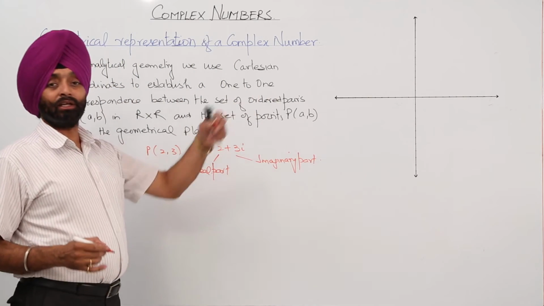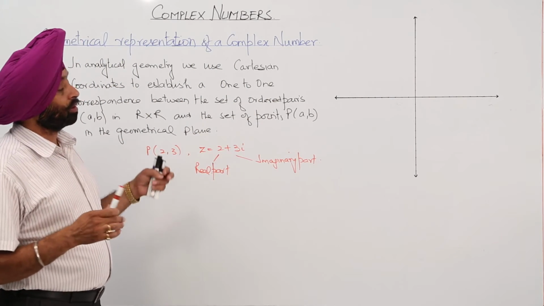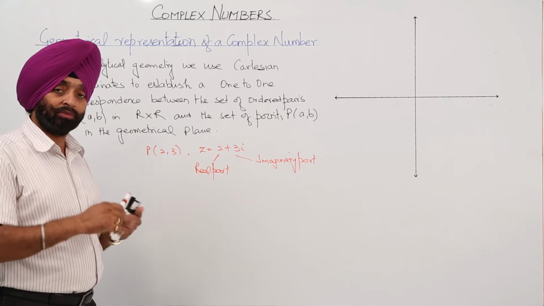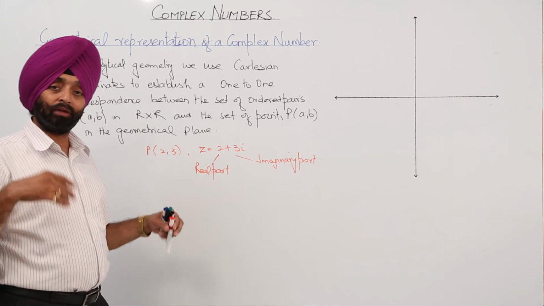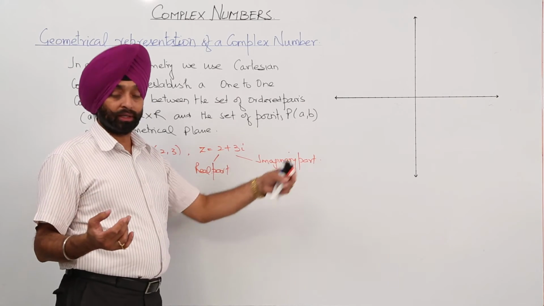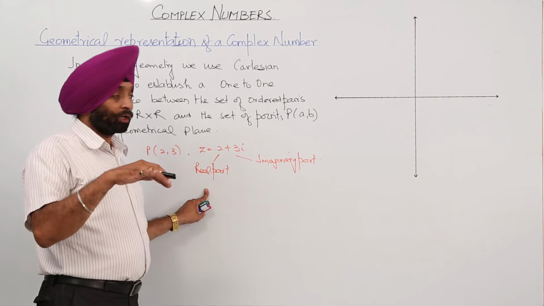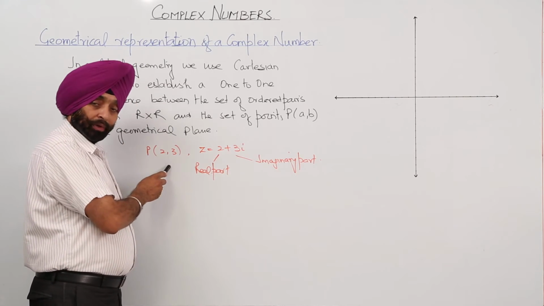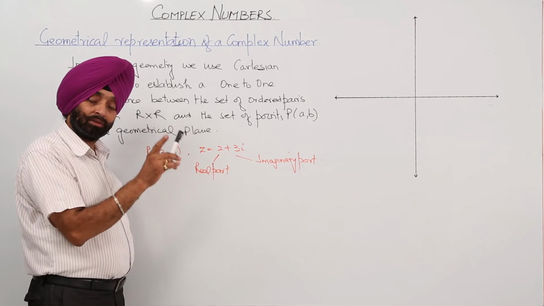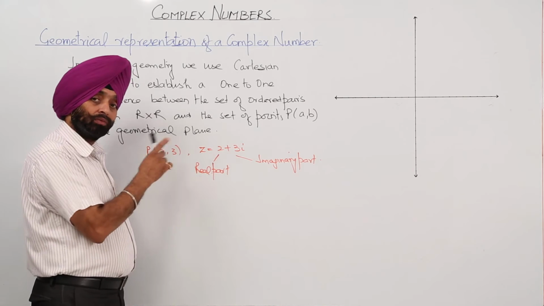Now, representing on the Argand plane or complex plane, I have used two new terms: complex plane or Argand plane. So where do we represent the real part? In ordered pairs, we always use the first on the x-axis and the second on the y-axis.